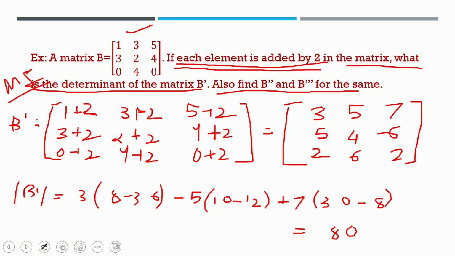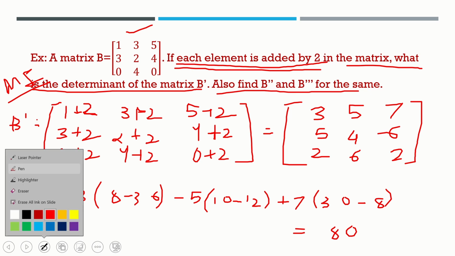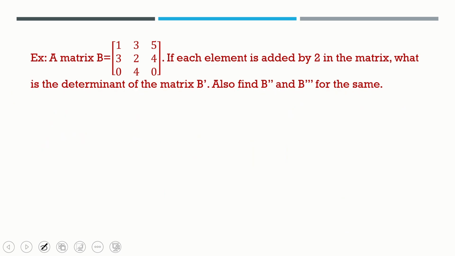And now we are going to solve it by method 2. I am writing the matrix here.